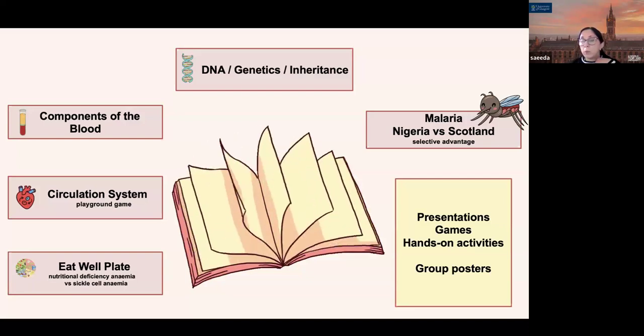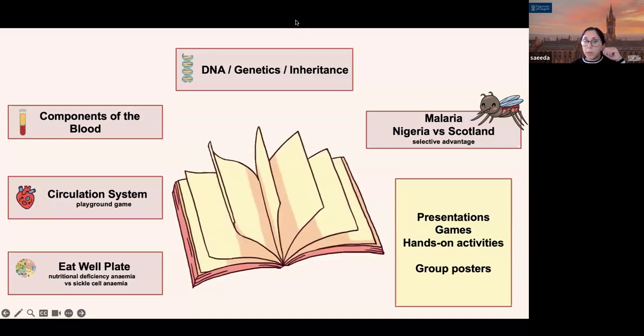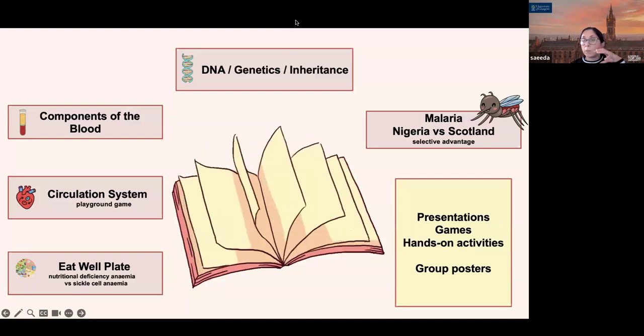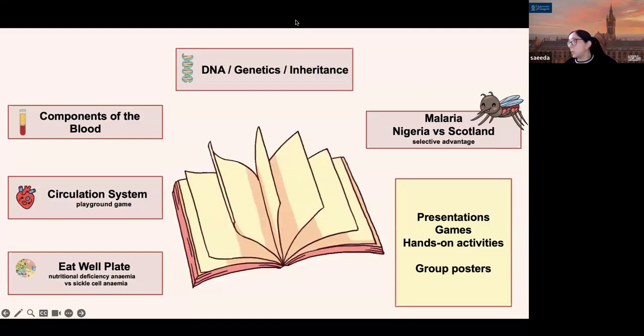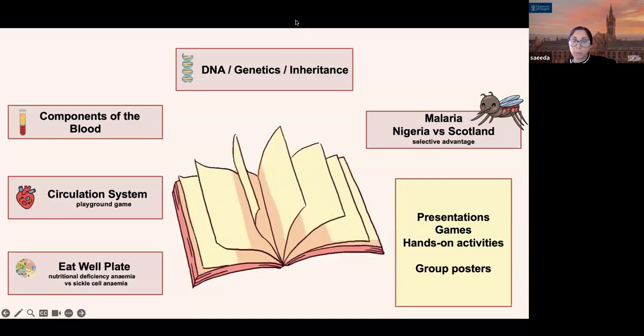At the point where we came to genetics, the children were already aware of it from things like the TV and just hearing about the concept of genetics and DNA. This was expanded on by introducing the concept of inheritance using a hands-on activity with juice bottles.